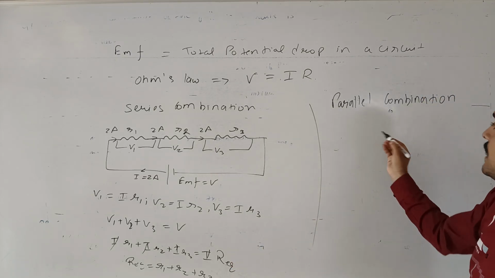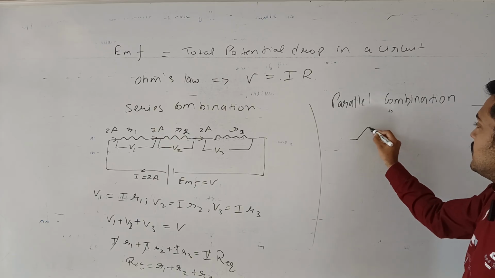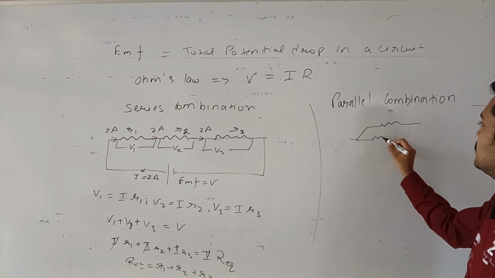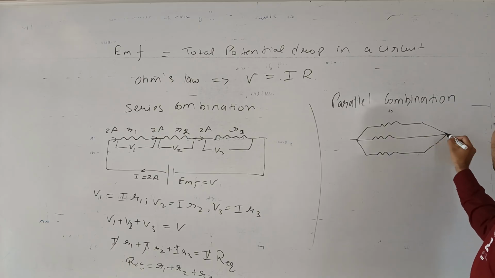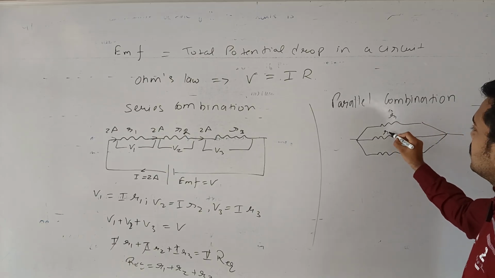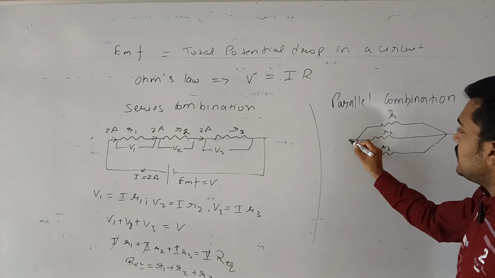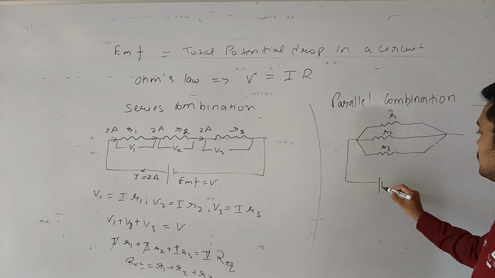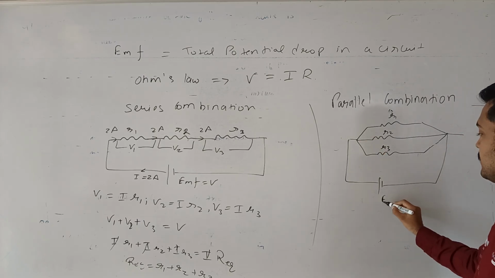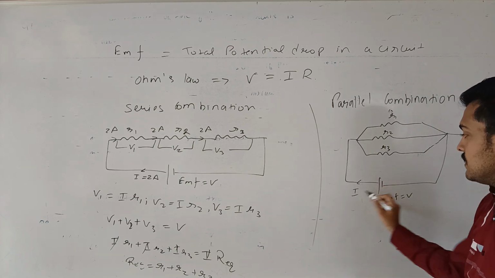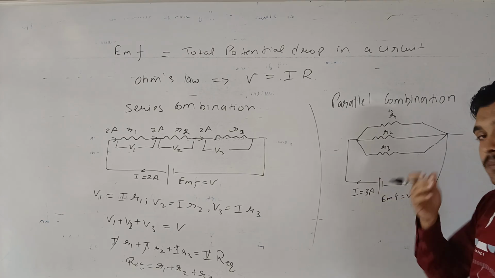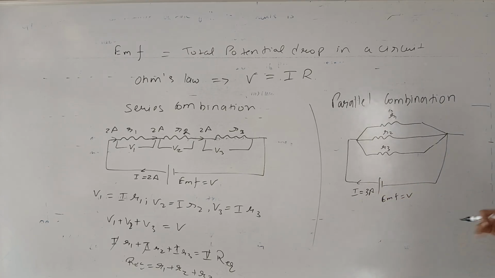Now there is a parallel combination. What do you mean by a parallel combination of resistances? Suppose we have three resistances R1, R2 and R3, and a cell of EMF V. Suppose current I equal to 3 ampere is coming from this cell.